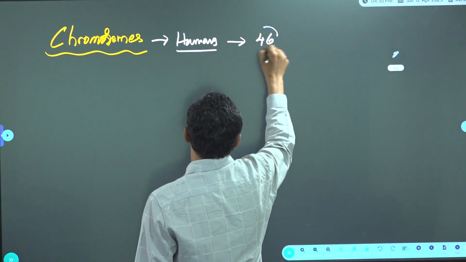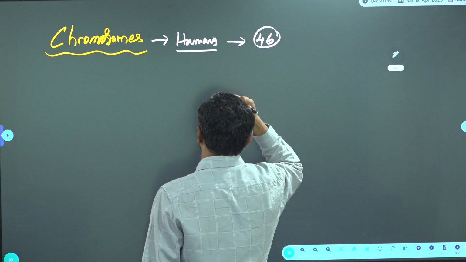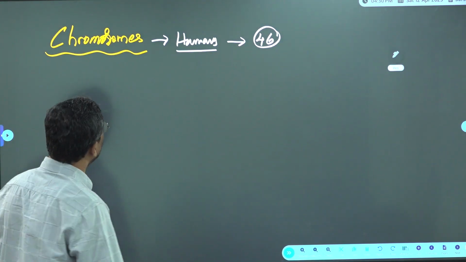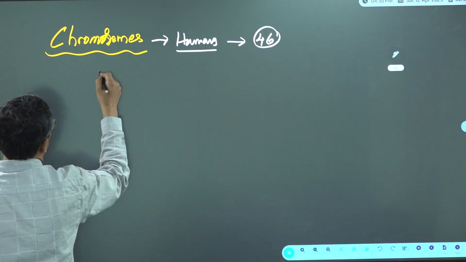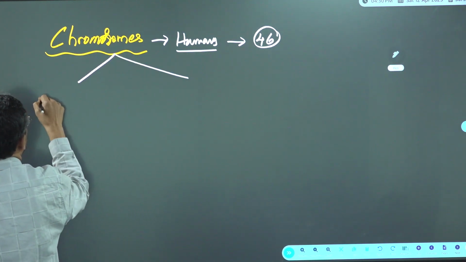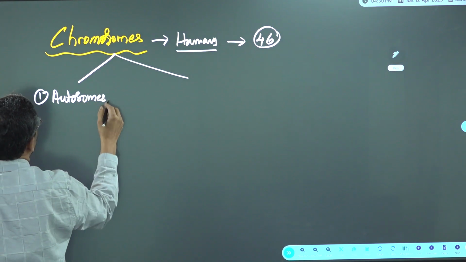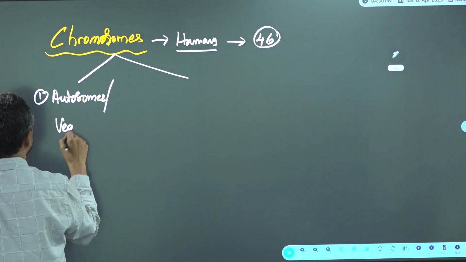In humans, the chromosome number is 46, and these 46 chromosomes are of two types. They are autosomes. These are also called vegetative chromosomes.